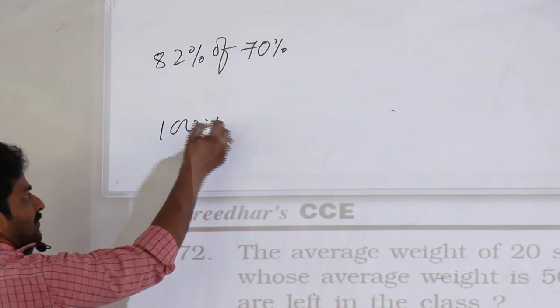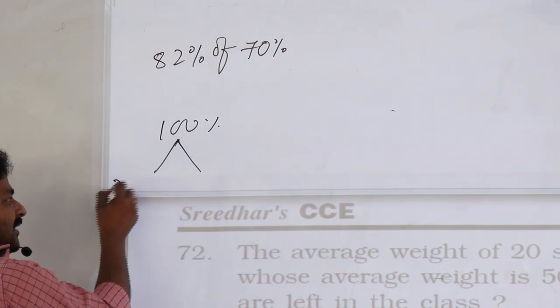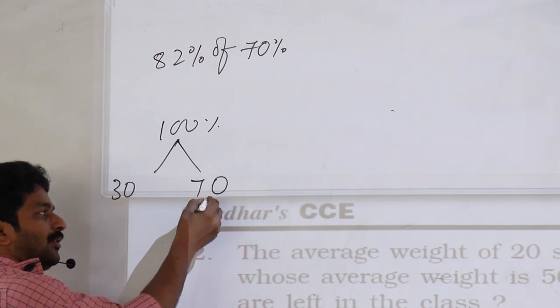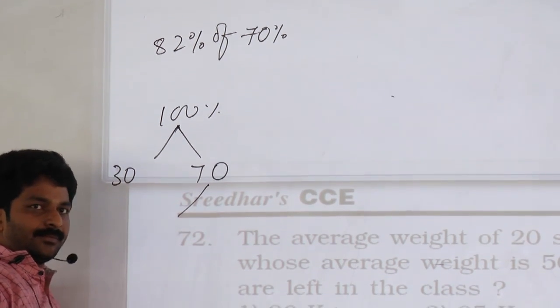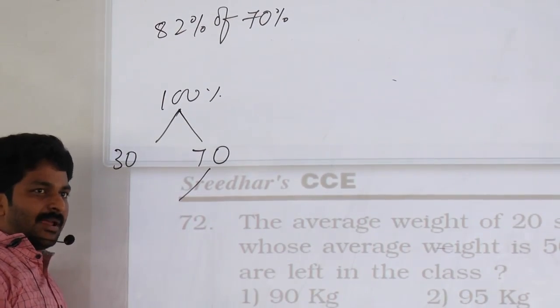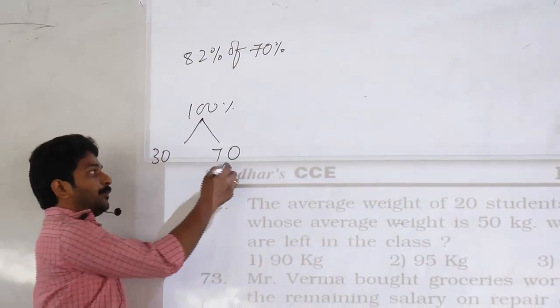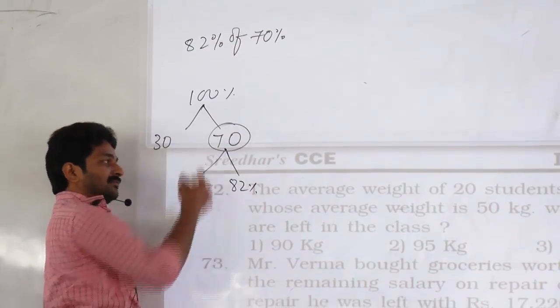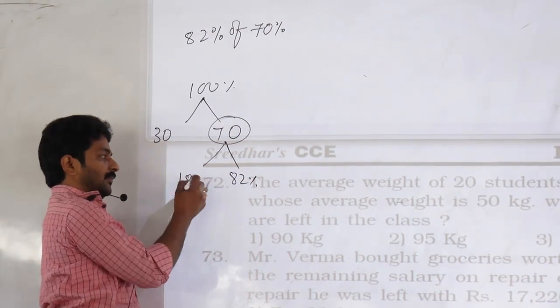Total 100%. Out of this 30 is over. Remaining is 70. Out of this what percent is spent? 18. What is remaining? 82%. 82% of what? 70. Yes or no?